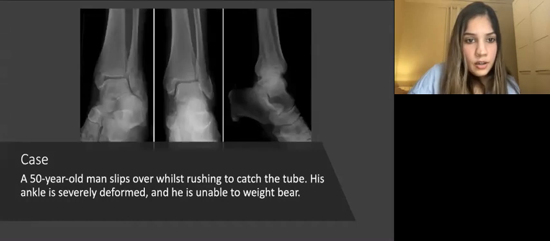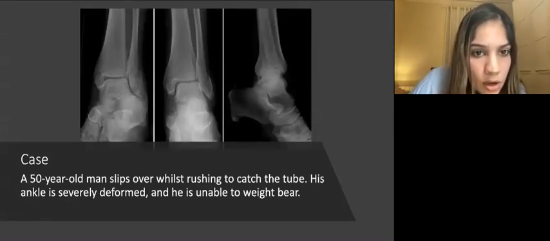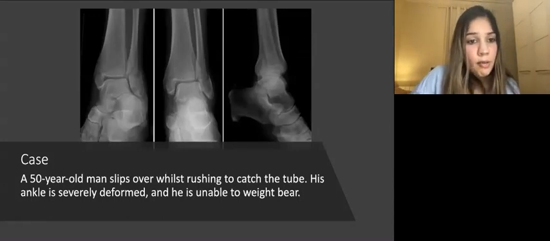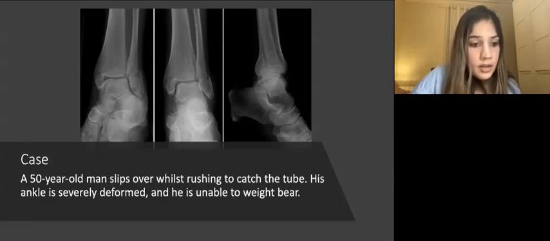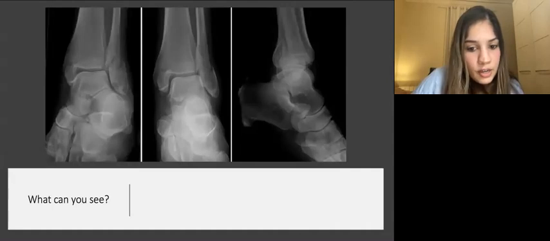So we've got another case here. Say this is a 50-year-old man who slips over while rushing to catch the tube, and his ankle is severely deformed, unable to weight bear. What can you appreciate here?